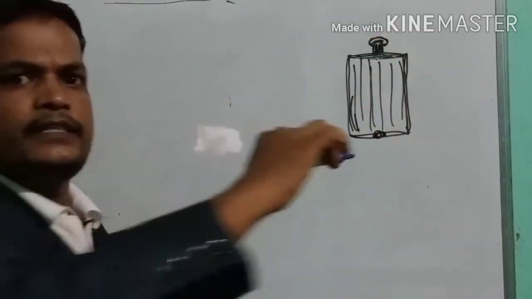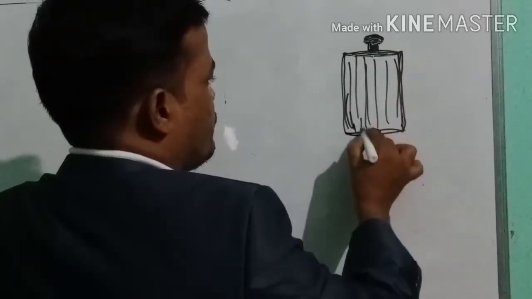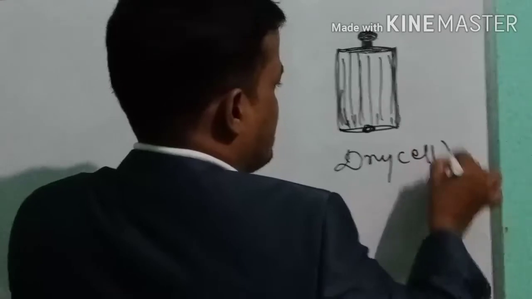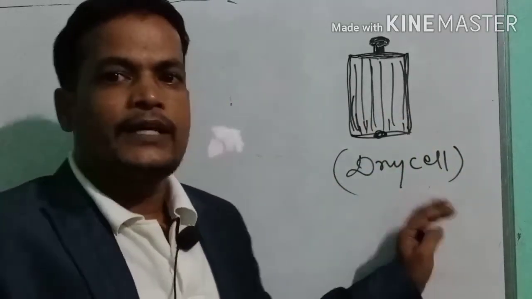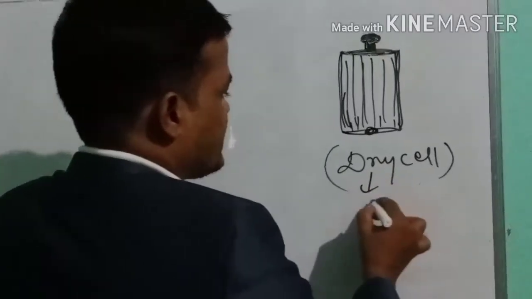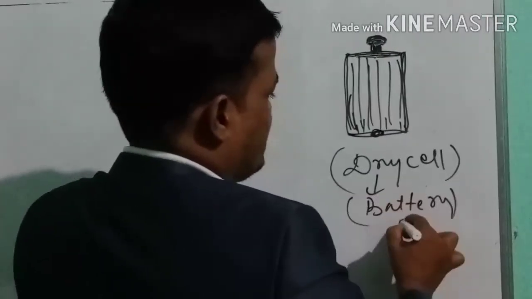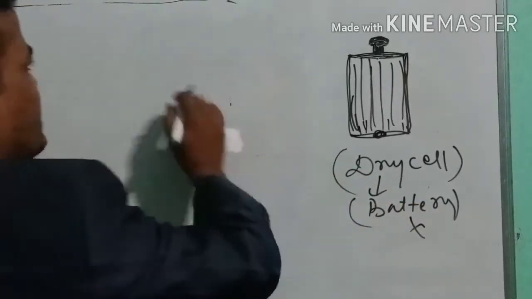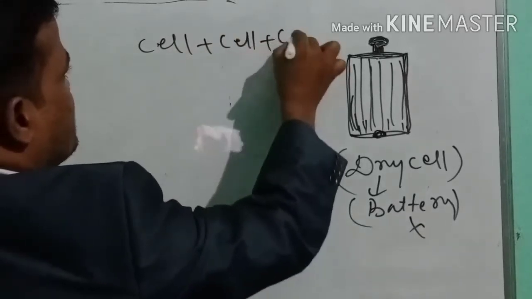Okay children, this is called a dry cell, or we can say electric cell. Generally we call it a battery, but it is not a battery, because it is a cell. Cell plus cell plus cell.